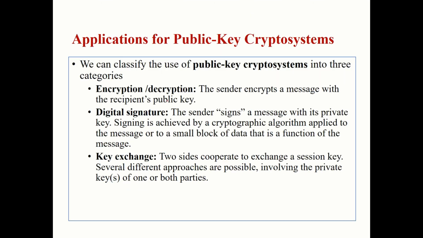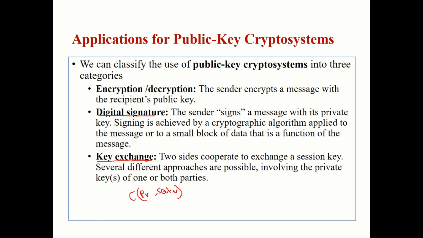We can use public key encryption for many things. We can use it for encryption and decryption. We can use it for the digital signature to verify the signer of the message or the sender of the message. We can use it for key exchange. If you have a secret key and I want to share this secret key with you, what I do is I encrypt this secret key using my private key.